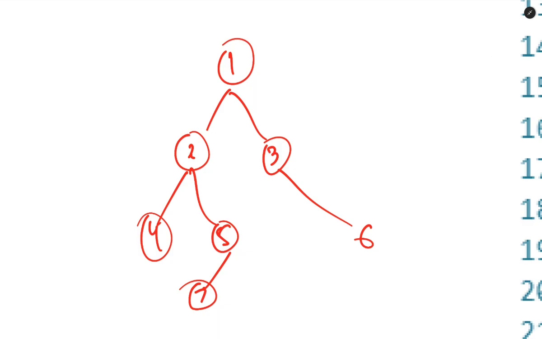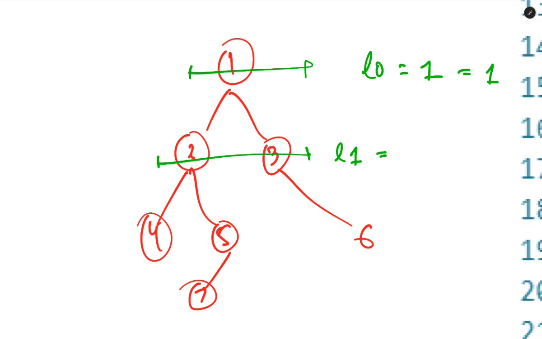So what you would have thought is that I will check the width of each level. Level 0 has only one node, so its size is 1. Level 1 has only two nodes, so its size is 2.